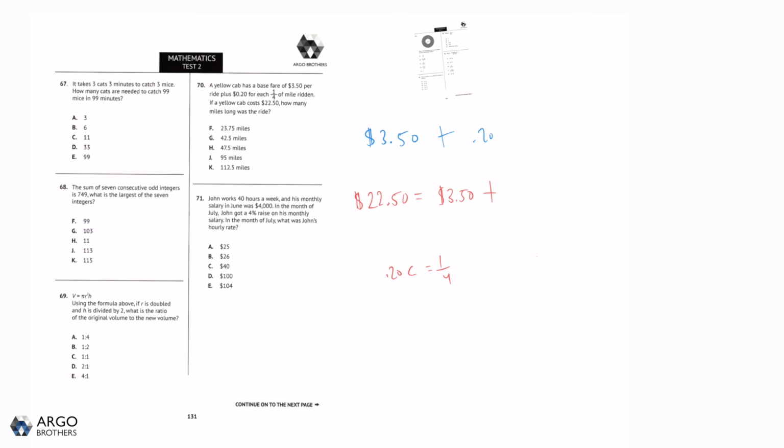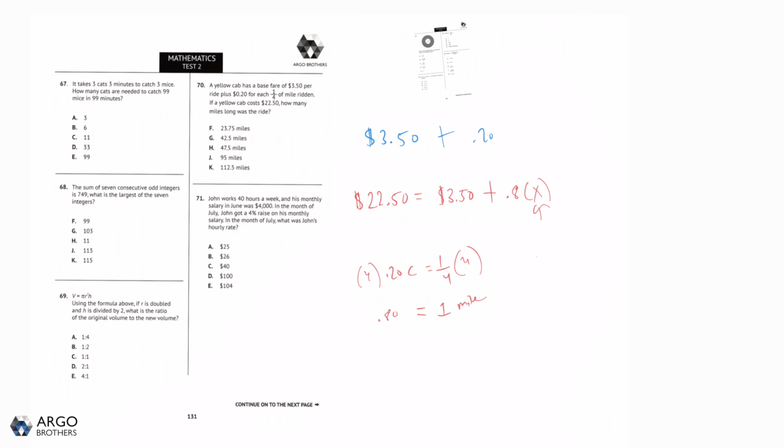For a whole mile, how many cents does it cost me? If I'm multiplying this side by 4, I have to multiply this side by 4. So it's 80 cents. I know that for every mile I'm spending 80 cents, so I can just do 0.8 for every mile, and I'm going to represent the miles as an x.